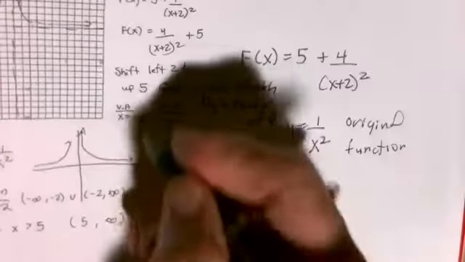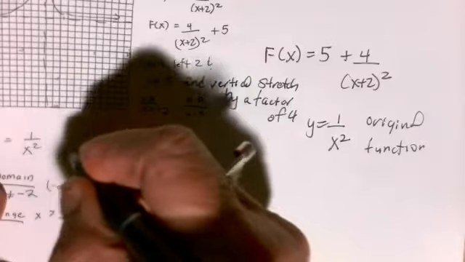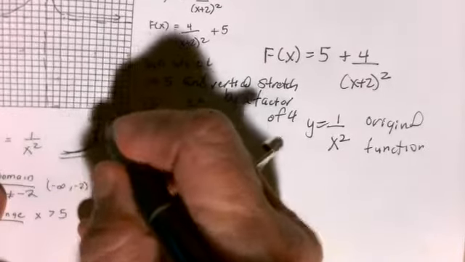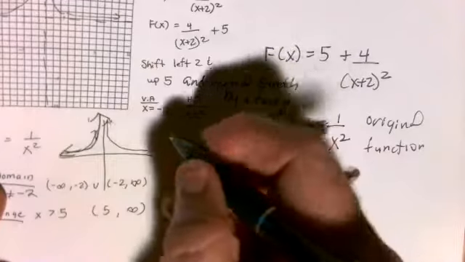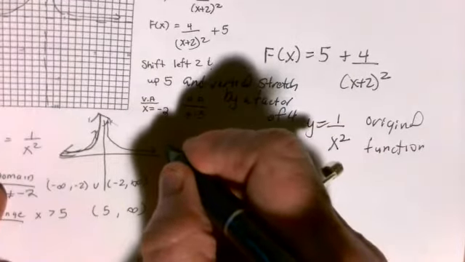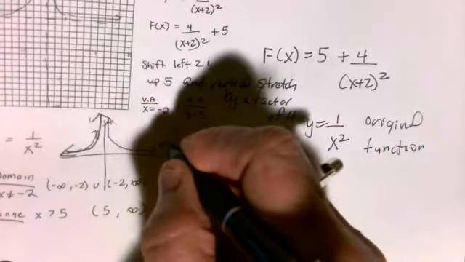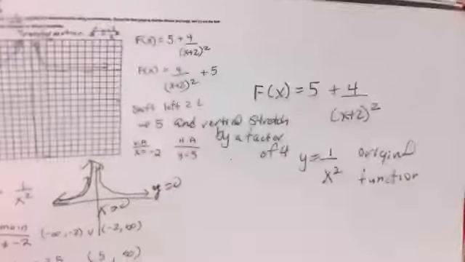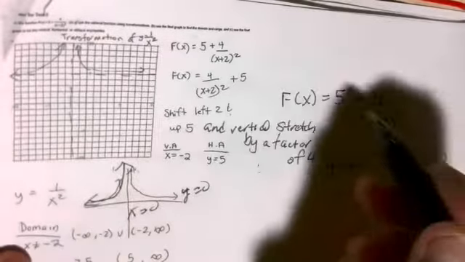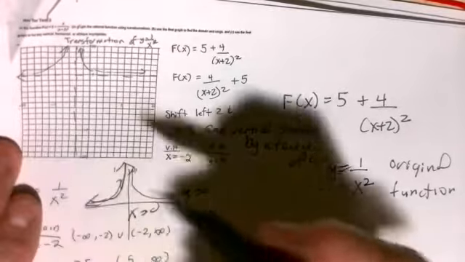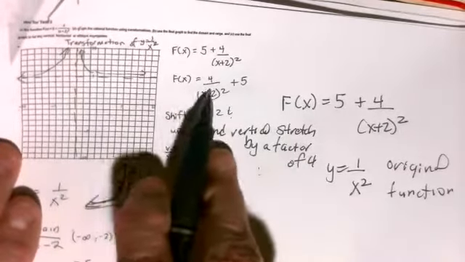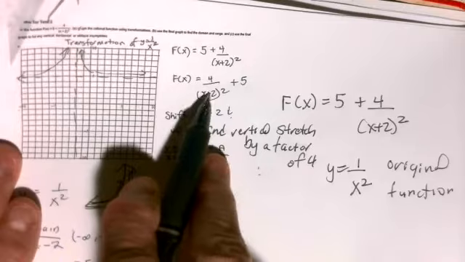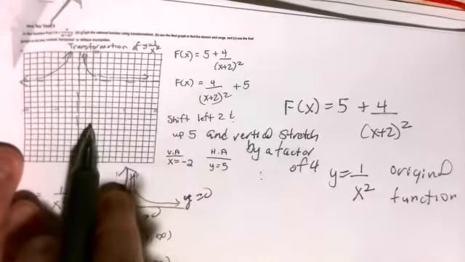So this is what y equal 1 over x squared kind of roughly looks like. It's not a very good picture really, but it has both pieces above the x-axis. It has a horizontal asymptote at y equal 0, and it has a vertical asymptote at x equals 0. Now, this one is going to be shifted left 2 units. So we shift over to where x equal -2, because we can see that that's where the vertical asymptote is going to be.